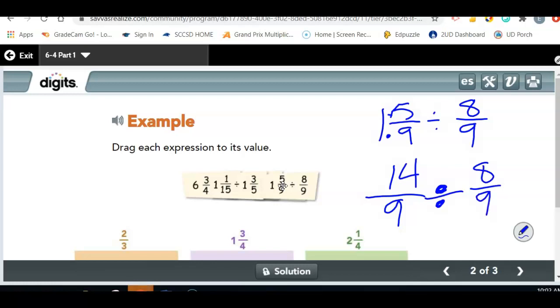Because what will happen is people will keep, change, flip, and they won't flip it, or this number will end up being a mixed number, and it looks like it's flipped, but it's really not. All right, so now we do what? Nick. Good, we keep, change, flip. 14/9 times 9/8.